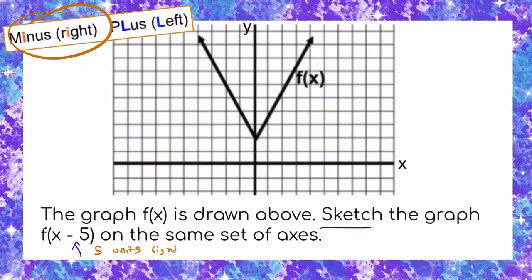Here's how you sketch on a graph. Starting with your vertex, we go 1, 2, 3, 4, 5 units to the right, and then you want to pick a couple of other points to plot just to help yourself. So maybe like this one, 1, 2, 3, 4, 5, and then I'm going to use a different color here for this point, 1, 2, 3, 4, 5.